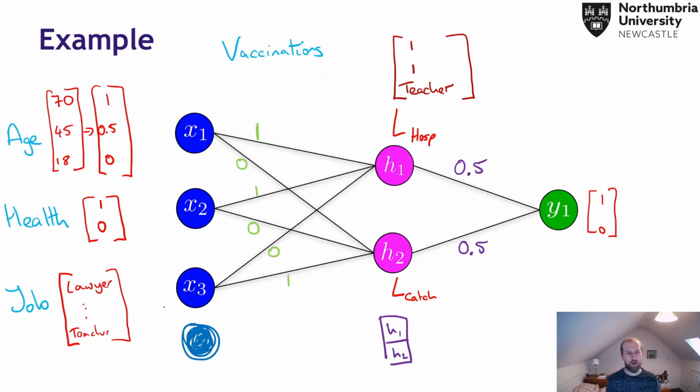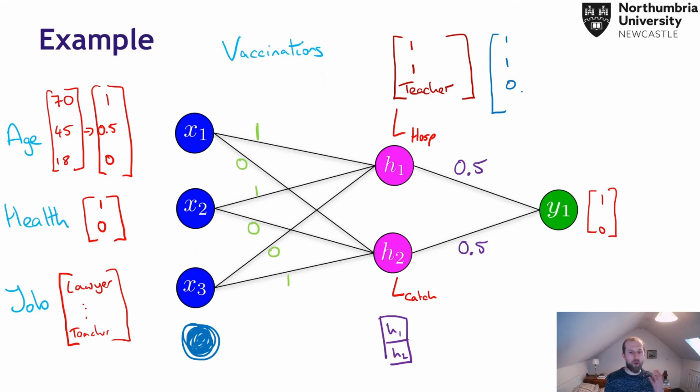So if this was a teacher, the representation would actually be 1, 1, and then this x3 would be, is the person a lawyer? It's no. And then the x4 is this person a teacher? The answer is yes, so it would be 1.